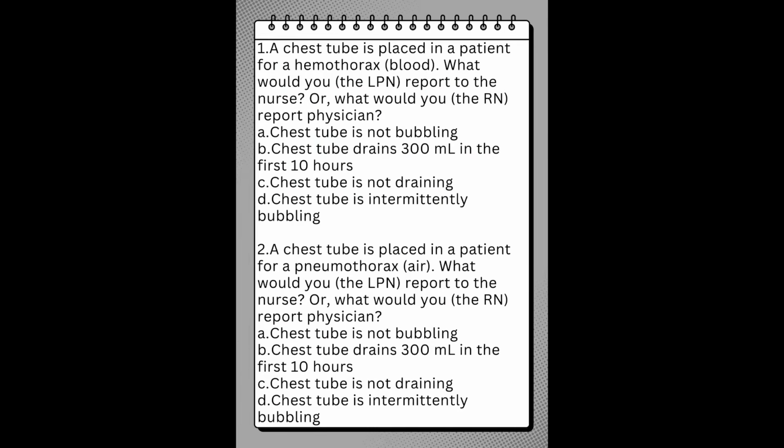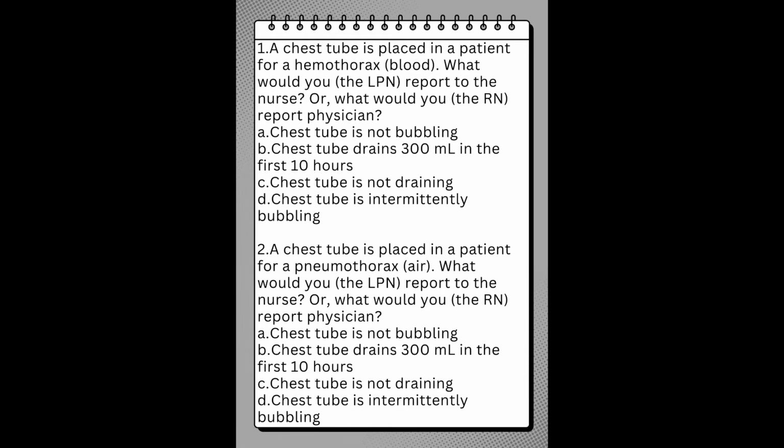So going straight to what we have today, the first question says a chest tube is placed in a patient for hemothorax. What would you, the LPN, report to the nurse, or what would you, the RN, report to the physician? A. Chest tube is not bubbling. B. Chest tube drained 300 ml in the first 10 hours.